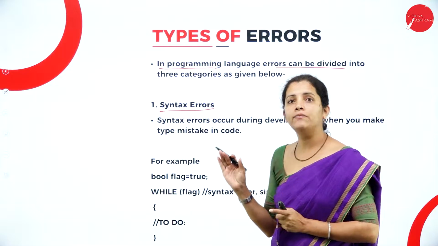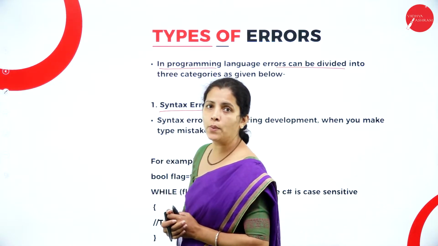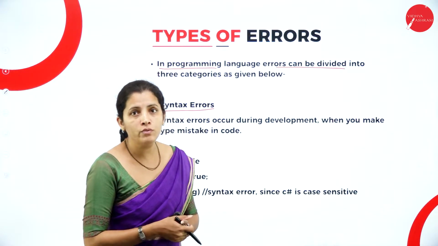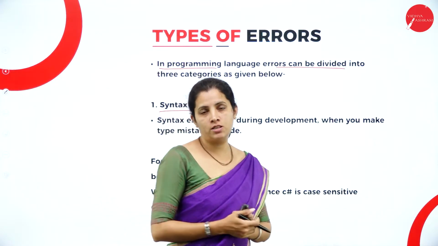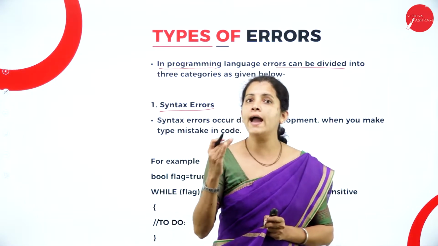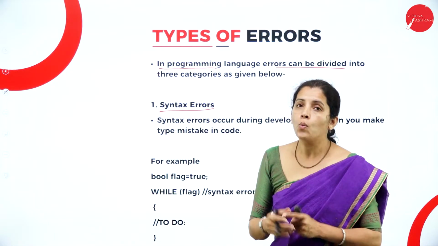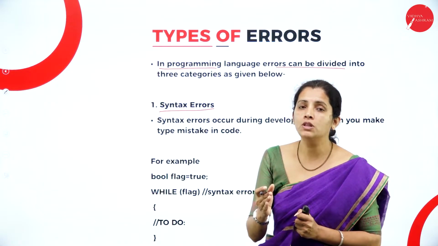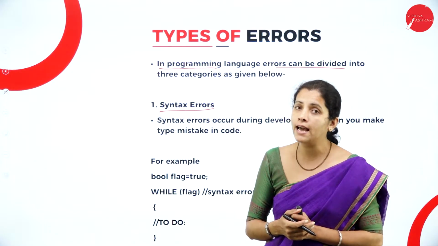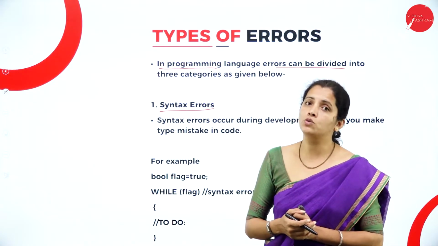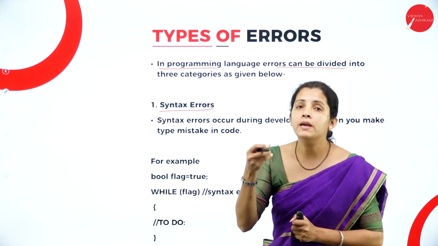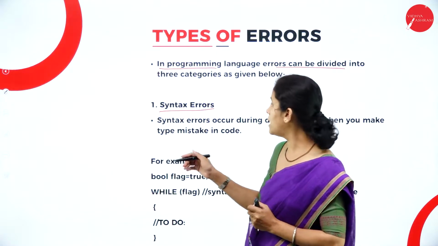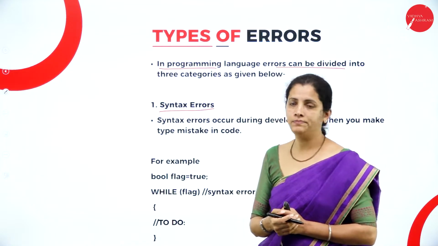If I consider a programming language, while writing programs we have to follow the structure or syntax of that program. And while writing a program, if I did not follow the structure or syntax of the program, then what's going to happen? There may be an error, and those kinds of errors fall under syntax error.